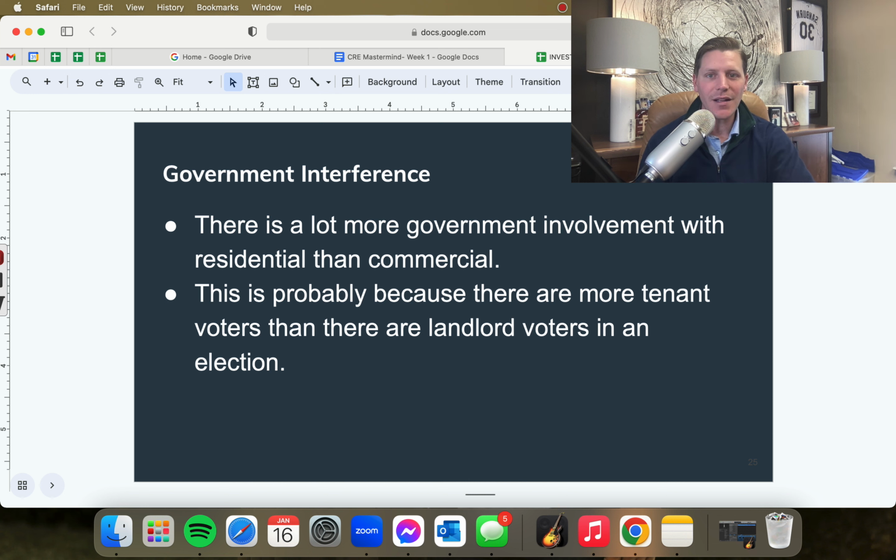I think it's kind of funny to say, but it's probably because there's more tenant voters than landlord voters in the election. That's probably why there's a lot more interference with tenants for residential spaces.